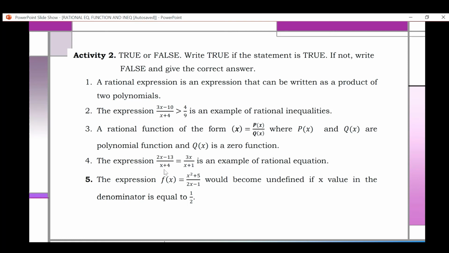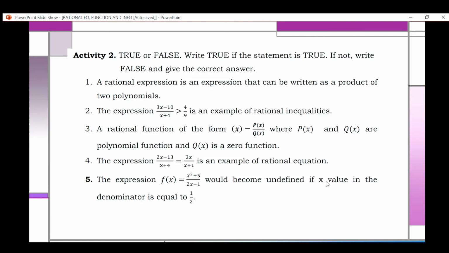Okay, so we have here let's examine the given expression. So we have here a rational expression on both sides and the usage of equal sign. So this is a rational equation. So the answer here is true.